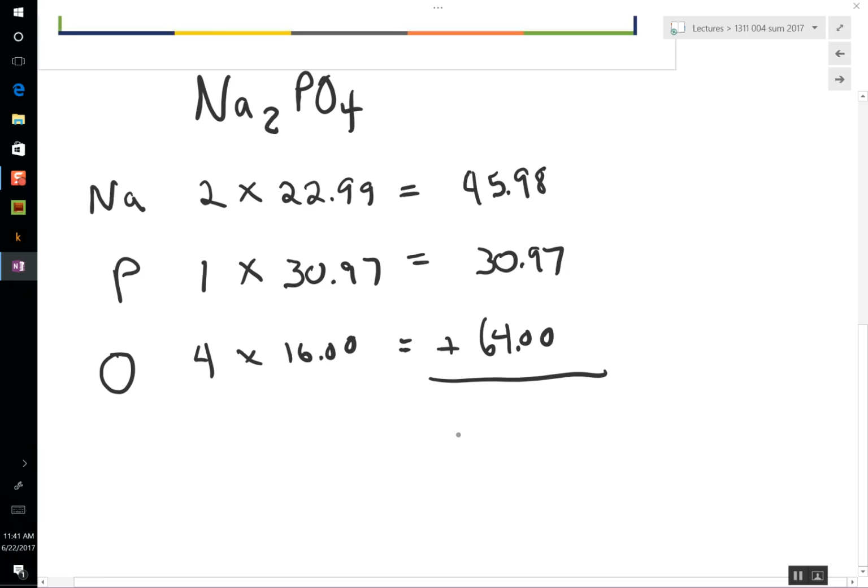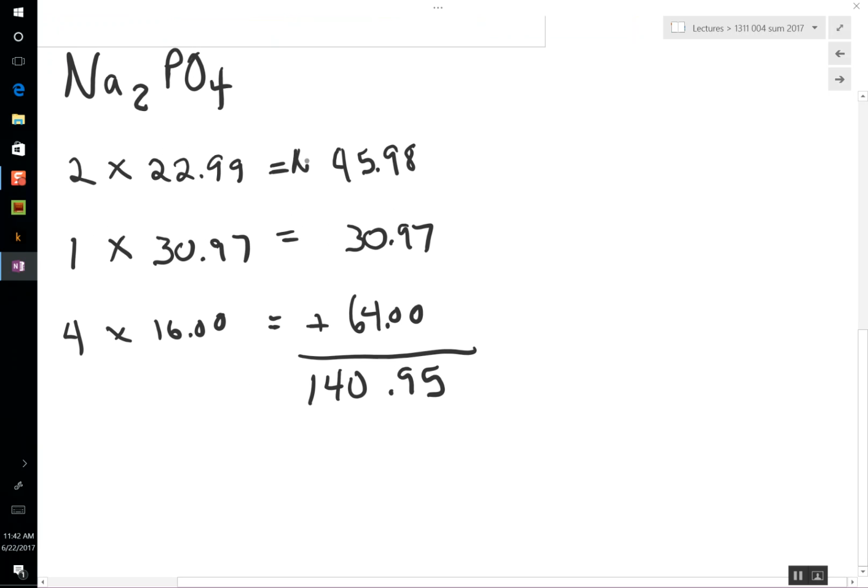And what's the addition here? 140.95. That's the molar mass. That's the mass of 1 mole of this stuff. So if we had a mole of sodium phosphate, it would weigh 140.95 grams.